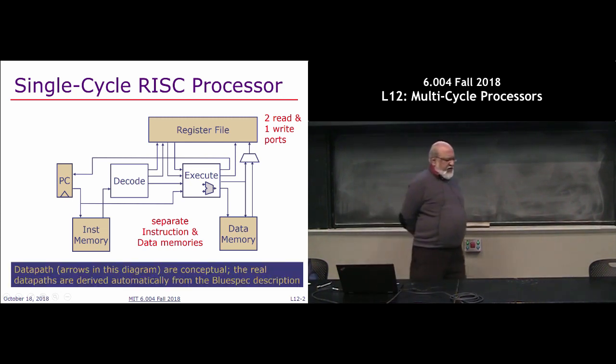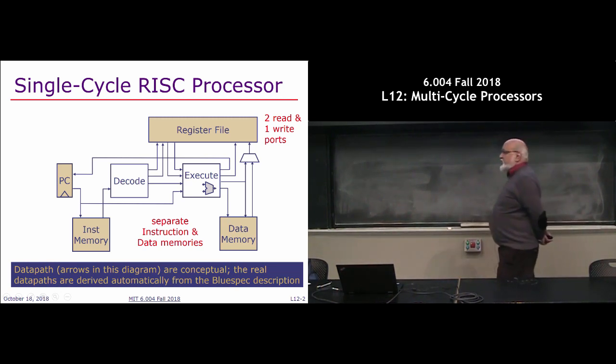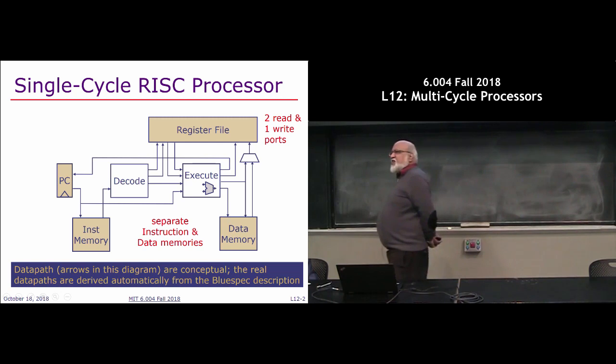One thing I want you to get used to is that such pictures are very useful conceptually. They give us an overall view, but you can't take them literally because there are too many arrows missing, and there may be arrows which are not exactly as I show them.